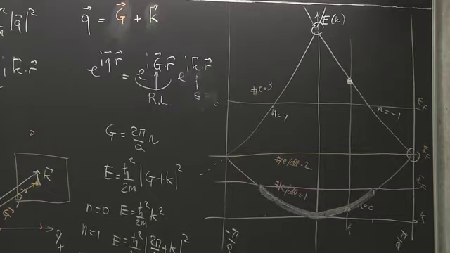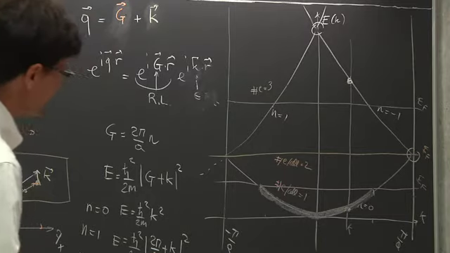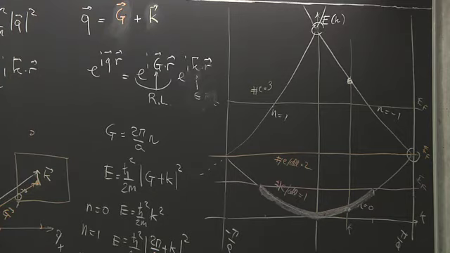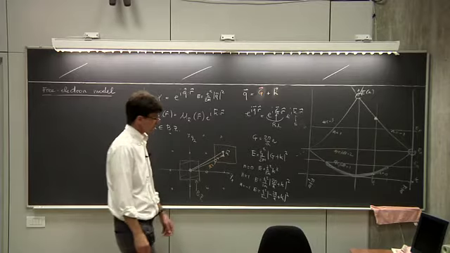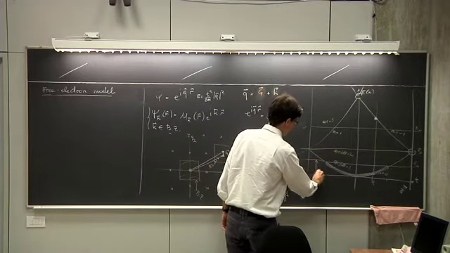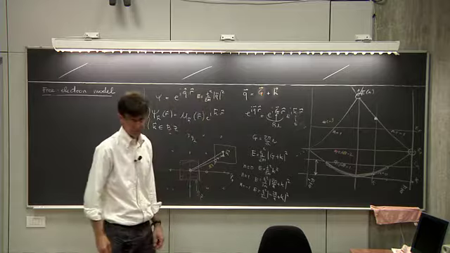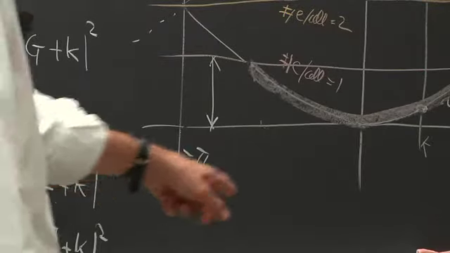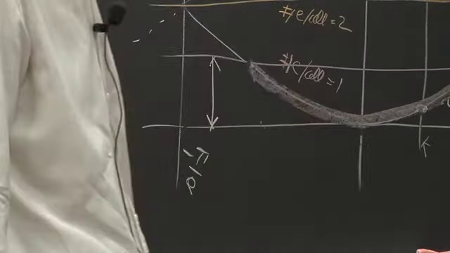I want to make some general statements because I can make general statements under the assumption that these systems can be described by a free electron model. The first obvious statement is: what is the value of the Fermi level with respect to the bottom of the band?